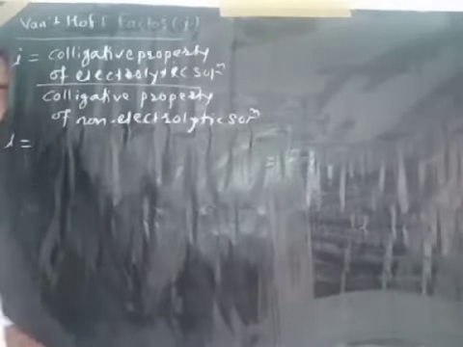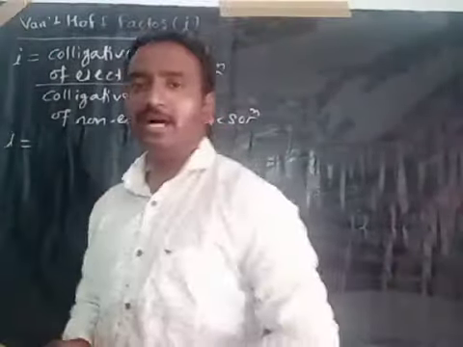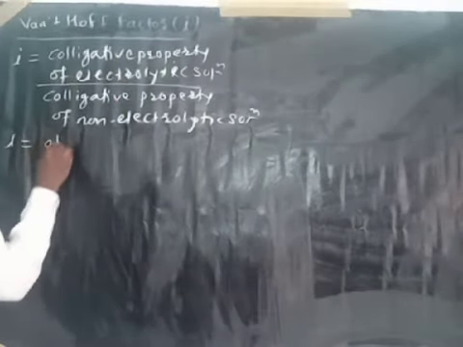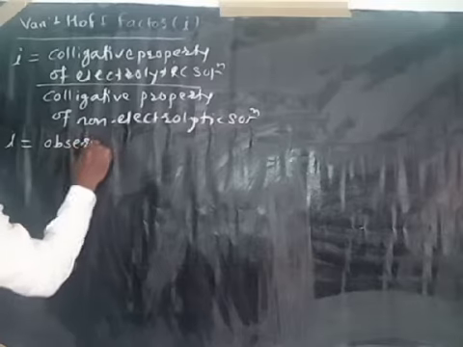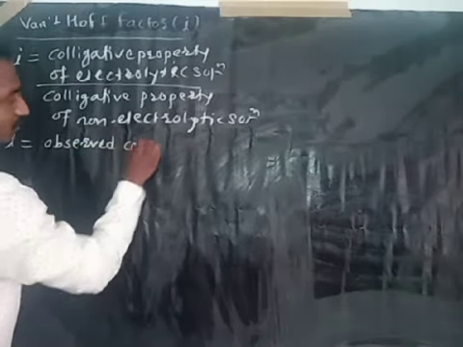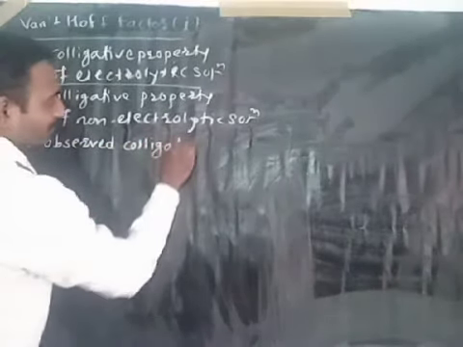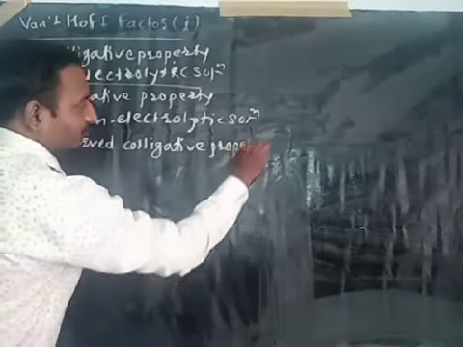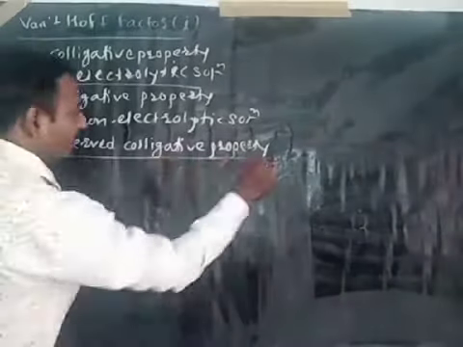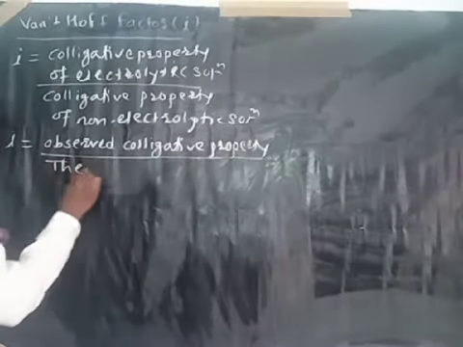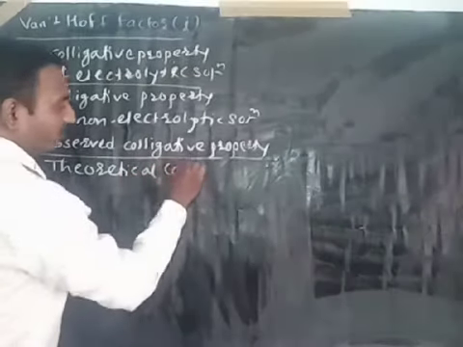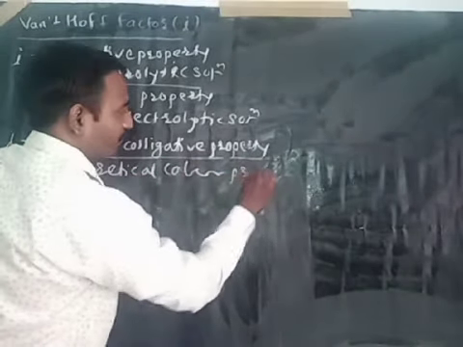In other words, we can write i as the ratio of the observed colligative property to the theoretical colligative property.